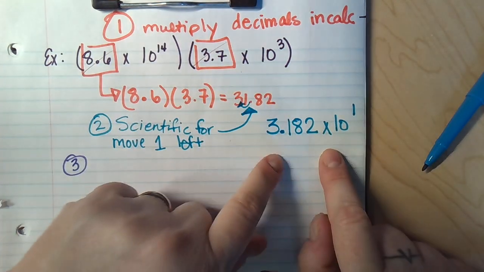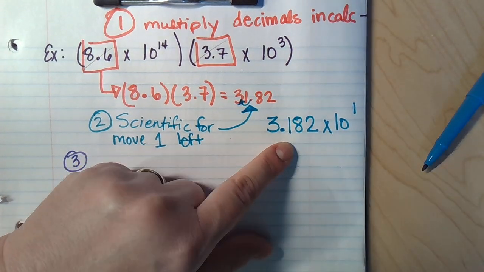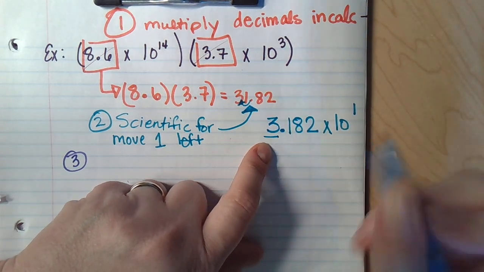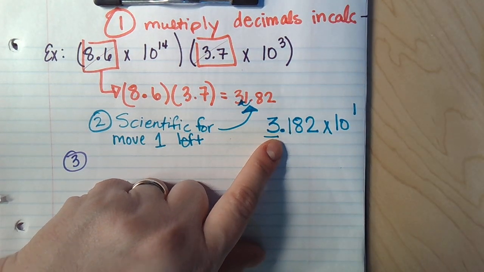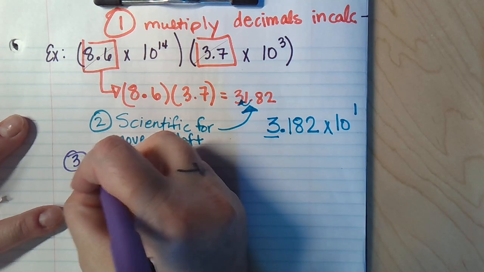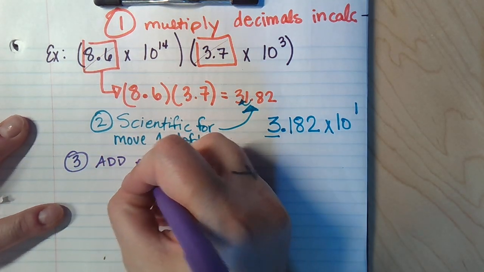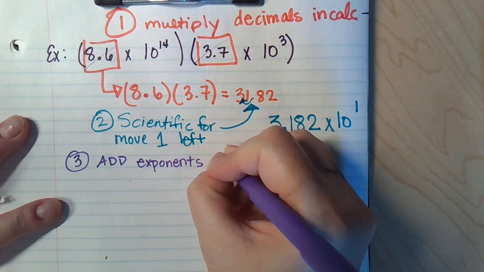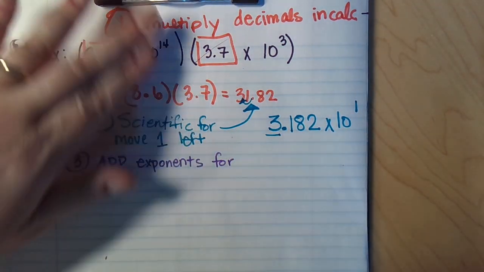We had to clean it up to get scientific notation so that we had one number, dot, everything else. Now our third step is to add the exponents for the 10 stuff.